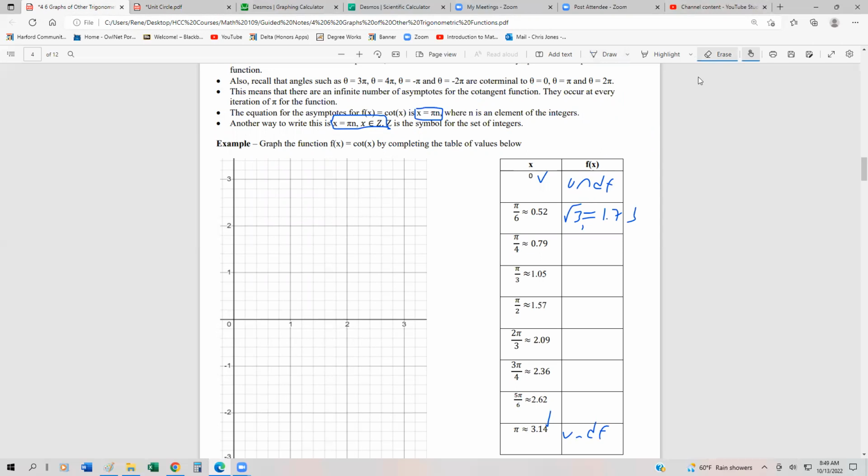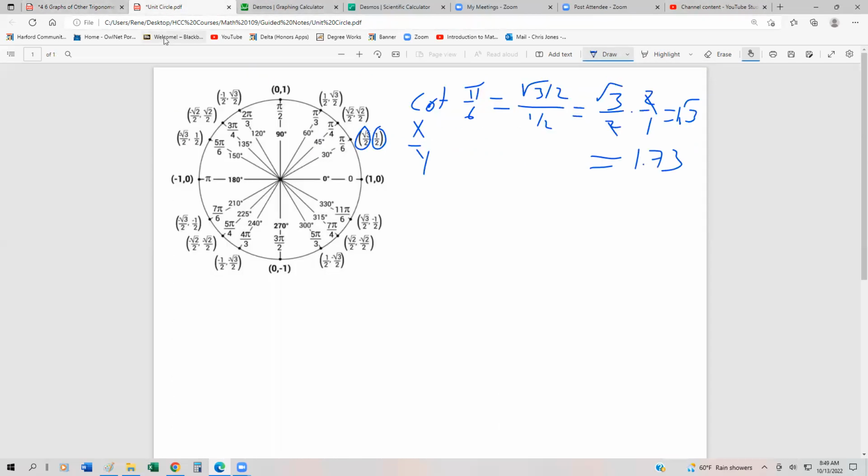So at pi over 4, that one's going to be the easiest one. What's going to happen is that we're going to end up with a 1, because we end up with root 2 over 2 divided by root 2 over 2. So the cotangent of pi over 4 is root 2 over 2 divided by root 2 over 2, which is 1.